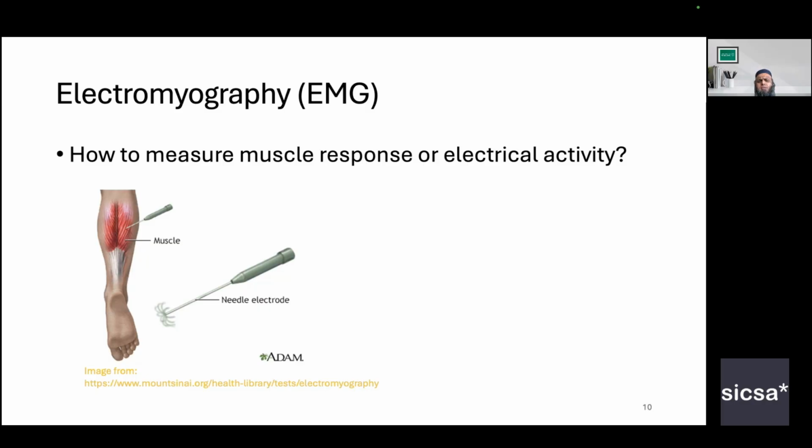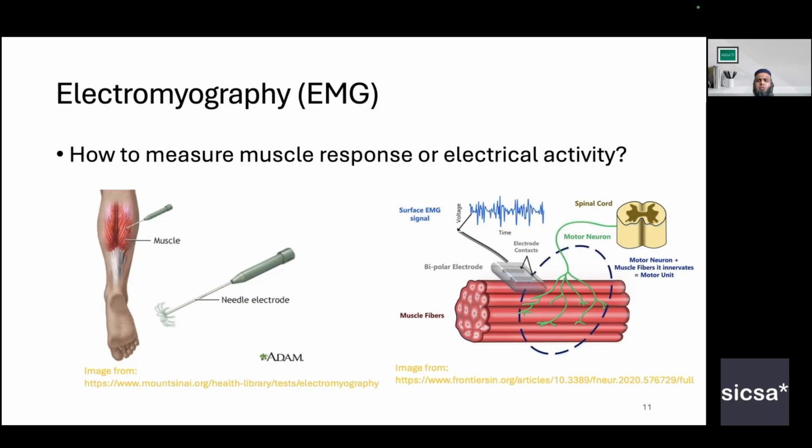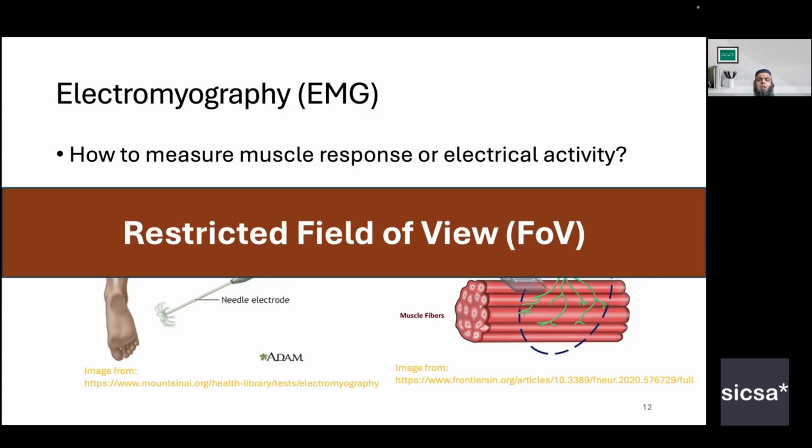Typically the way they study it is through inserting these needle electrodes under the skin to record the electrical activity. There's also another approach, through surface electrodes, by connecting the electrodes to the skin. One of the common limitations in these methods is that although they are quite effective, they provide you a very limited field of view.